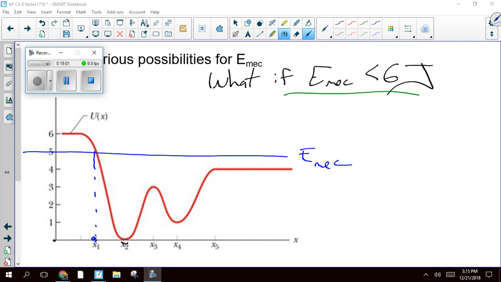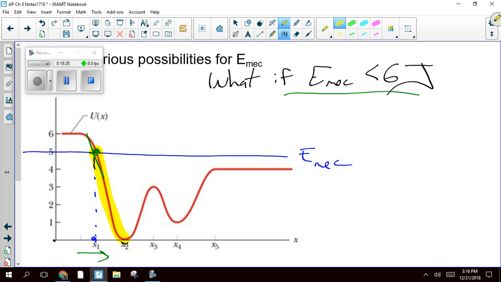All right. So the idea is, at this point, our slope is negative. That means our force is positive. So our object is going to be pushed this way, right? Okay. And my total mechanical energy is 5 joules, right? So what would happen is the object would begin at this point. The force would change our potential energy to kinetic energy.